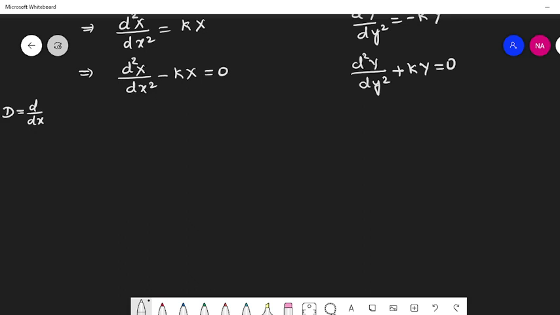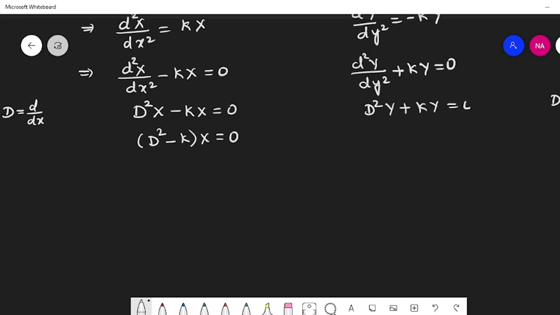In light of this, this equation can be written as D square X minus kX equal to 0, or (D square minus k) X equal to 0. Similarly, assuming capital D stands for d by dy, it will be (D square plus k) Y equal to 0.